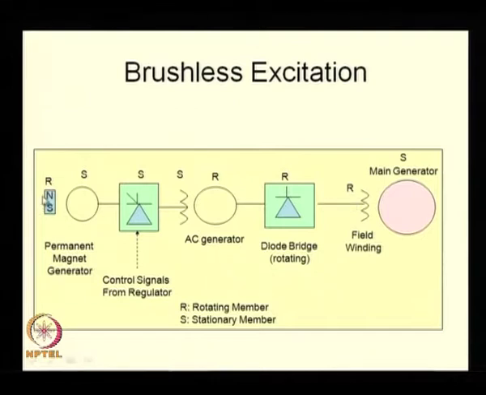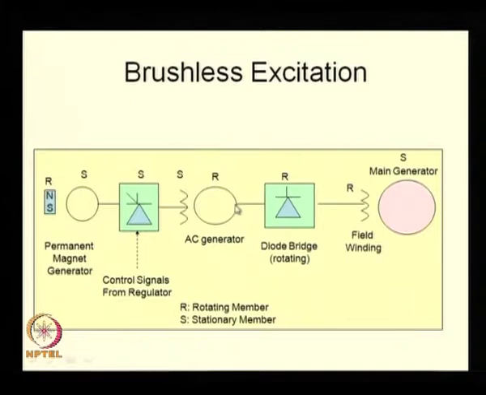Okay. So, I will just repeat this again. You have a permanent magnet generator in which you get 3-phase voltages induced on the stator. The 3-phase voltage output of the permanent magnet generator is rectified using a controlled rectifier. The output of the controlled rectifier is fed to the stationary field winding of an excitation alternator or excitation synchronous generator.